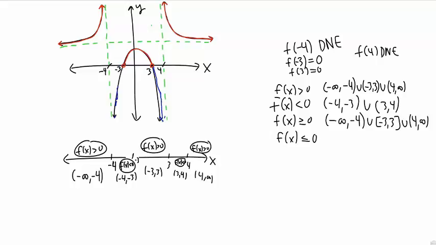Here, for f of x less than or equal to 0, we had negative 4 to negative 3. We still don't include negative 4. Negative 4 does not correspond to an x-intercept. Negative 3 did, though, so we include that. Include 3, but exclude still 4.